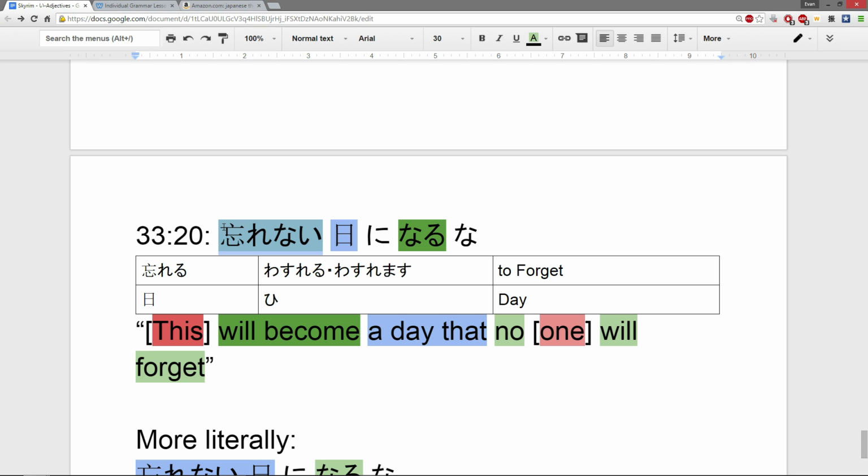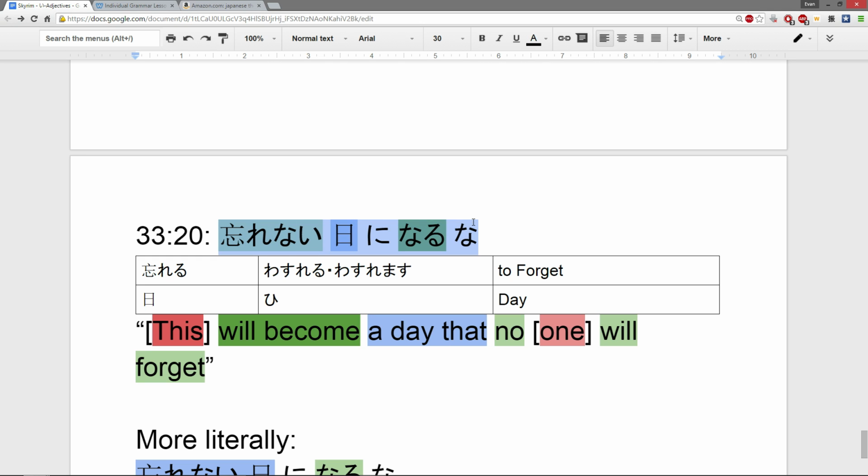In fact, they actually are e-adjectives. Okay, so negative plain form verbs are e-adjectives. Verbs and adjectives, one more time, everybody say it with me now. Verbs and adjectives operate really similarly in Japanese.